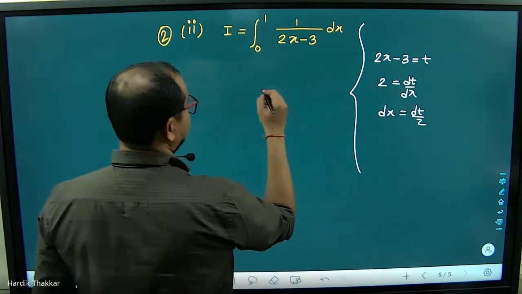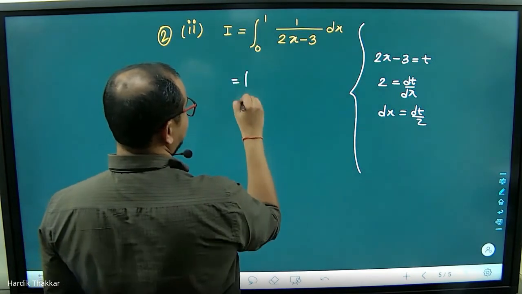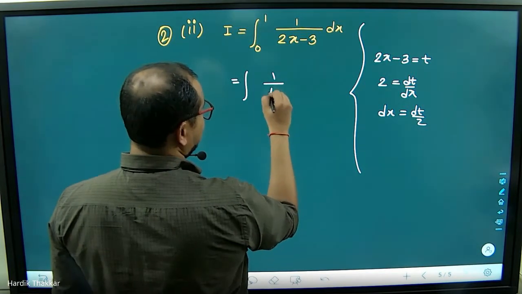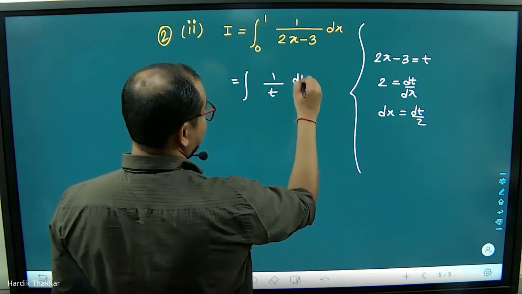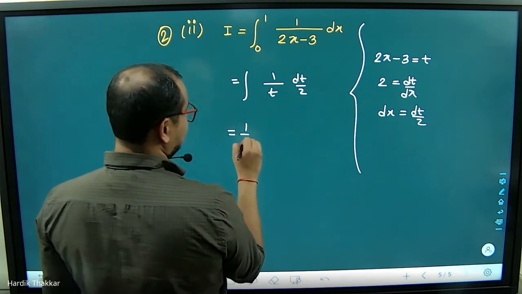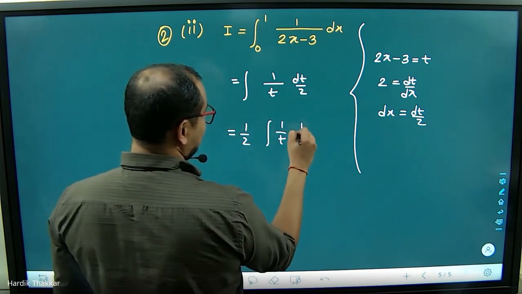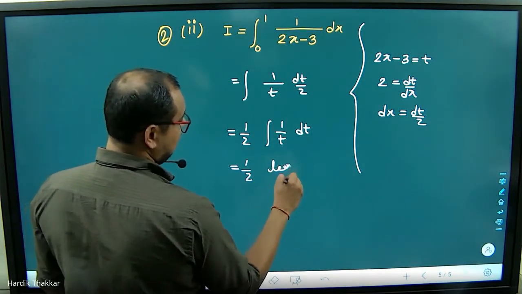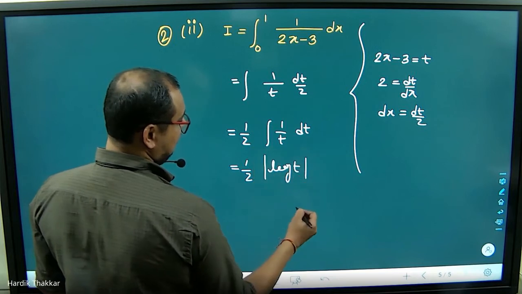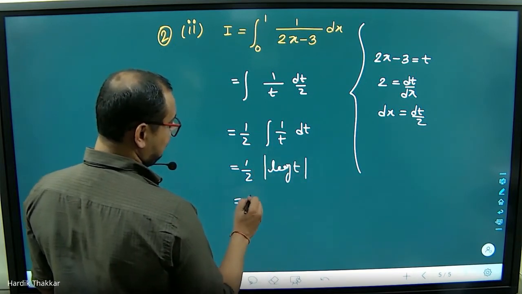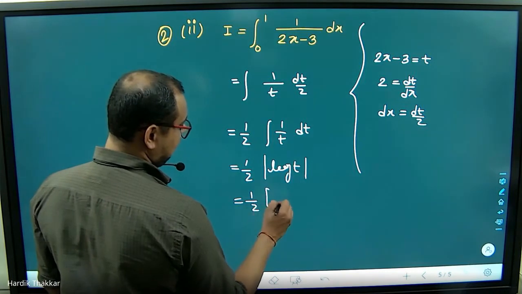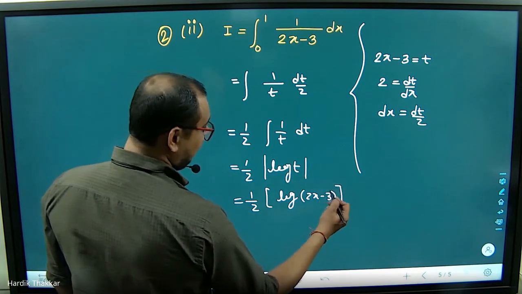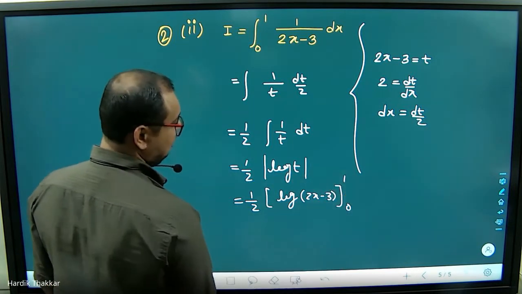Now put the values here, and it will be the integration of 1 upon t times dt by 2. Now take 1 by 2 outside the integral, so 1 upon t dt. Now integrate this expression. The integration of 1 upon t is log t. Okay, now put the value of t, so it is log of 2x minus 3, and after this apply the limits.